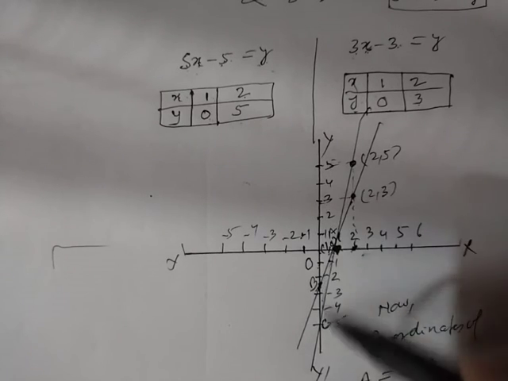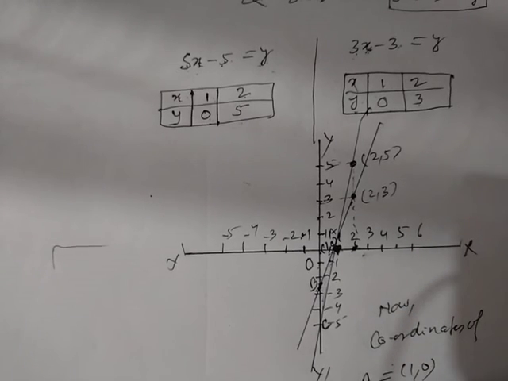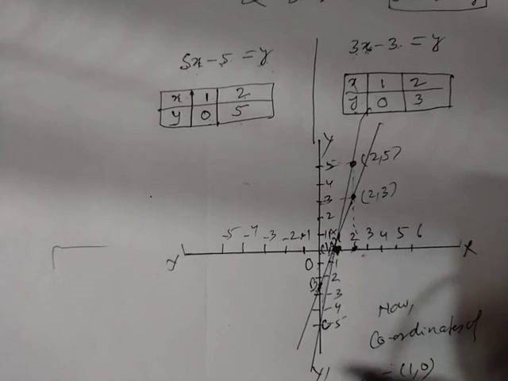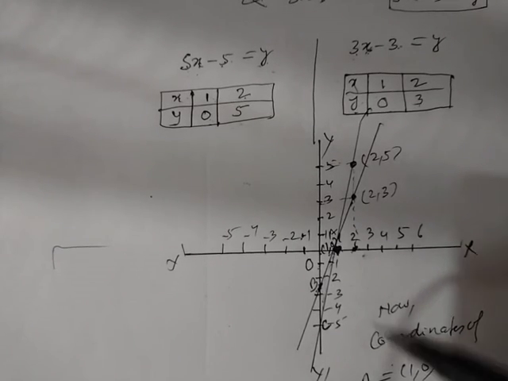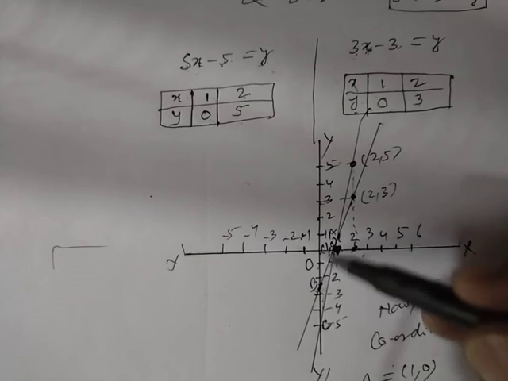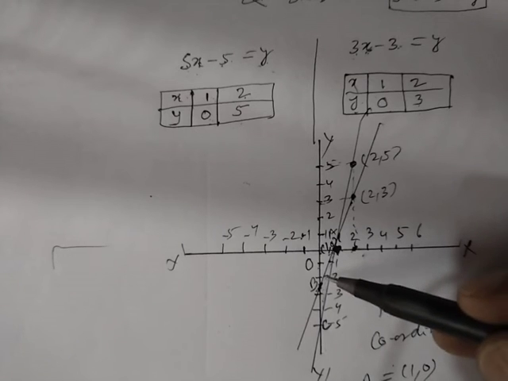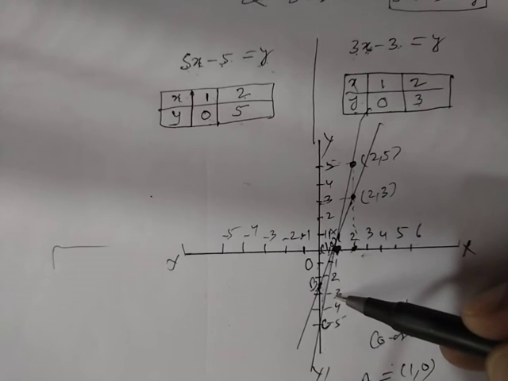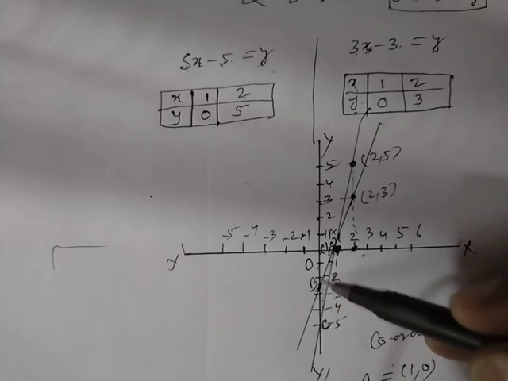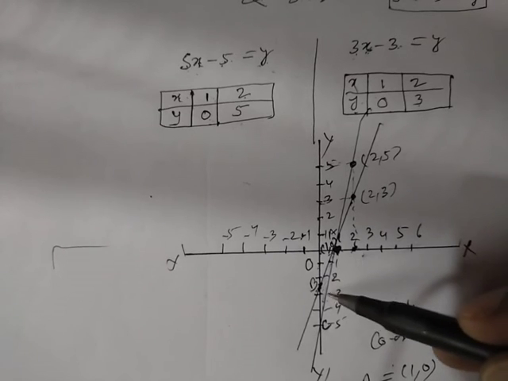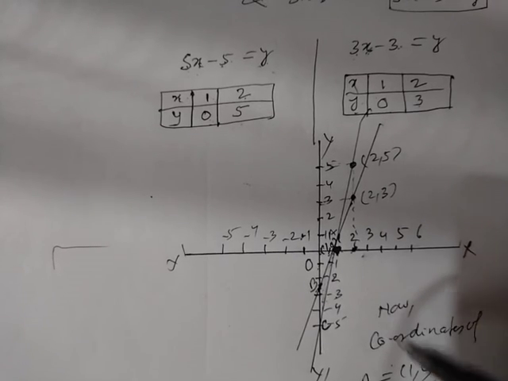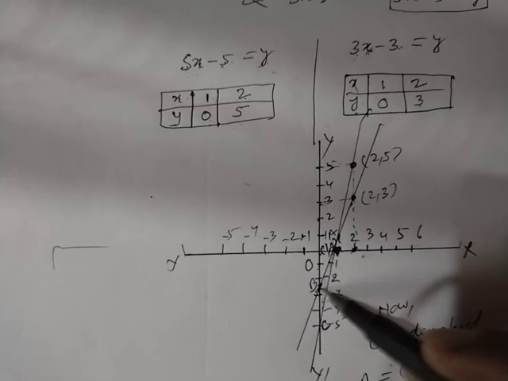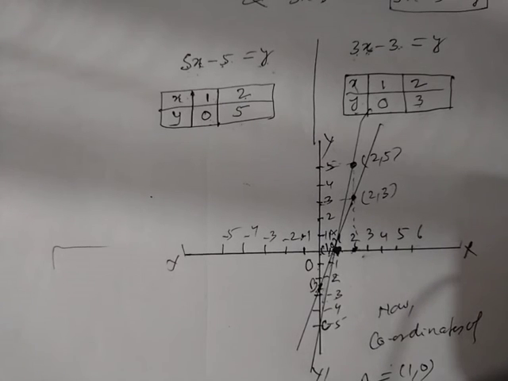Now on the y axis, the value of x is 0, then you see where y is. I am looking here, between 2 and 3. If suppose it is on 3, that point will be 3. If this point is on 2, then coordinates will be (0, 2).